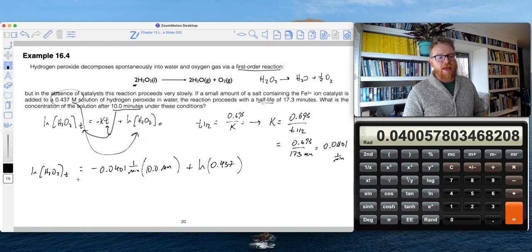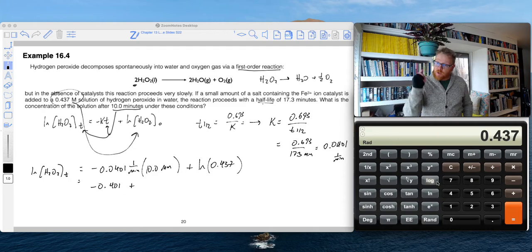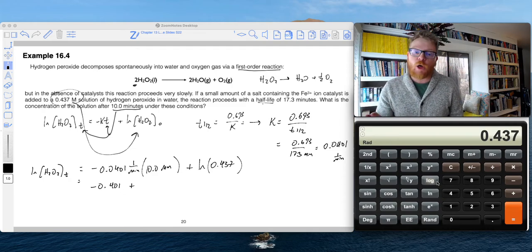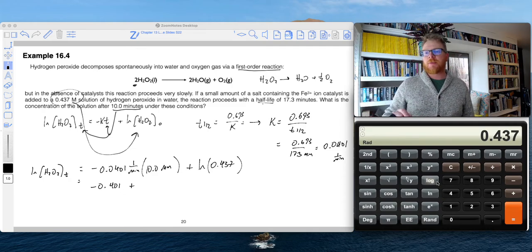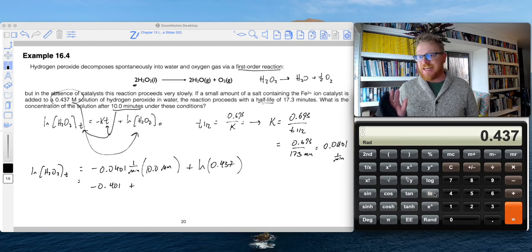And so now let's go ahead and calculate all of this stuff. So 10 times negative 0.0401 is just negative 0.401. And then now we've got to take the natural log of 0.437. And don't confuse that with log, right? We've been doing that log for pH calculations, but that's log base 10. We want the natural log, ln, which is log base e.